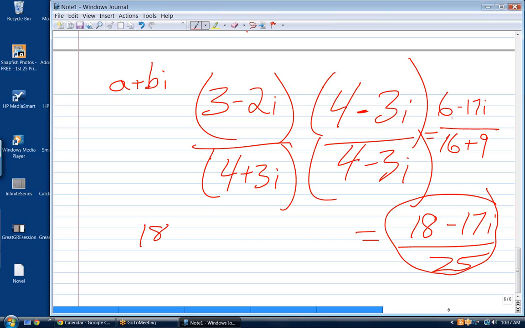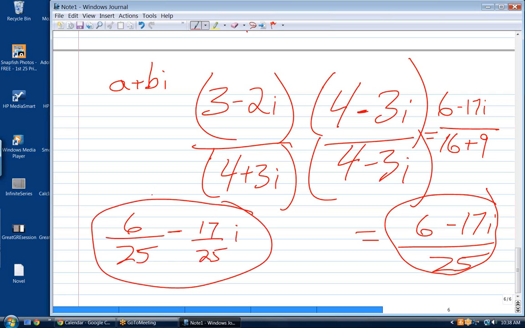So 6 minus 17i, which turns into 6 over 25 minus 17 over 25i. In other words, that is that format. Okay, that makes sense now.